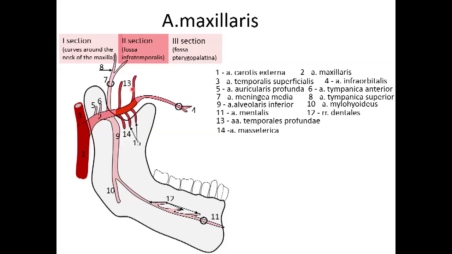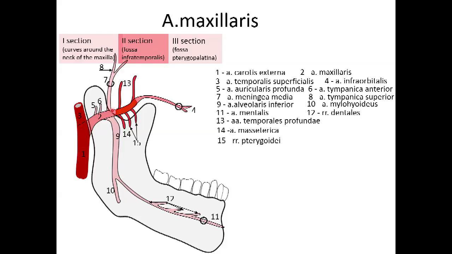And also number 15, rami pterygoidei. There are several, and they serve for blood supply of musculi pterygoideus lateralis and medialis.